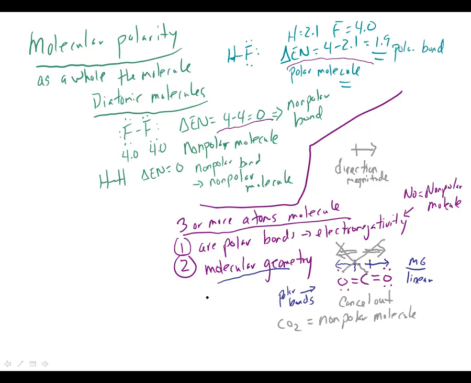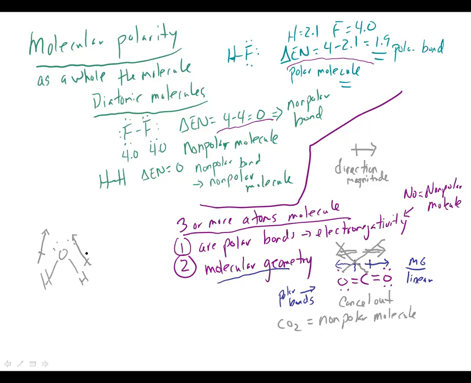So for example, if we take something like water and we draw water, it looks something like this. And the bond between hydrogen and oxygen is also polar. Again, oxygen being more electronegative than hydrogen. So we would have those drawn like that.